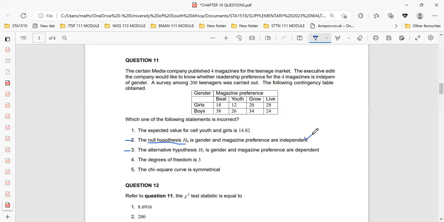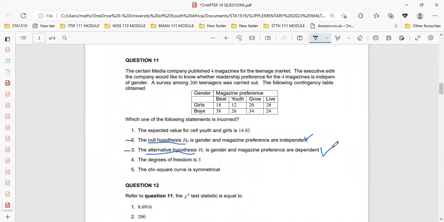Remember, when you are dealing with the null hypothesis, you are dealing with two variables that are independent, meaning there is no relationship between them. Always remember that. Then the alternative hypothesis is gender and magazine preference are dependent.